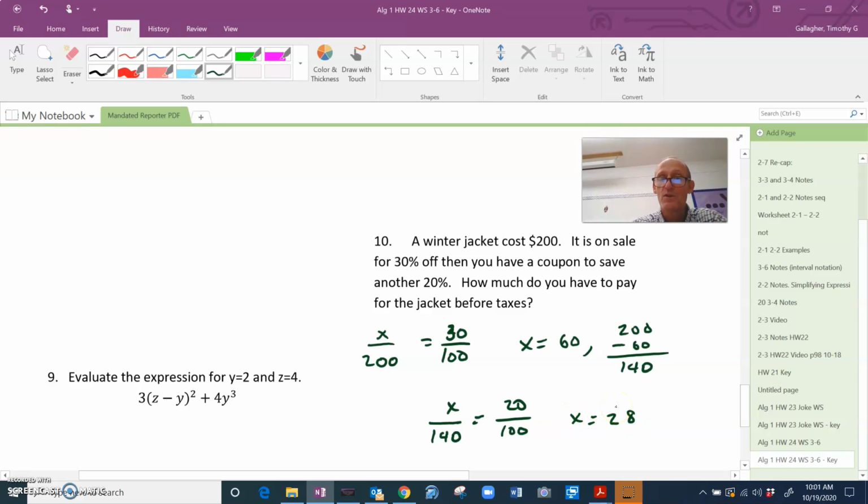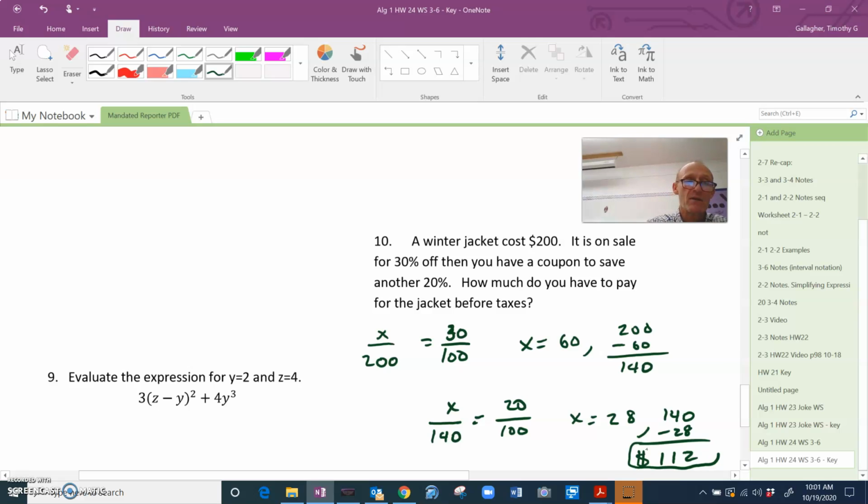All right? So that's $28. And so we're going to take that 140 and subtract 28, and that's how much the jacket's going to cost us. So 140 take away 28 is 112, and that's how much the jacket is going to cost us.